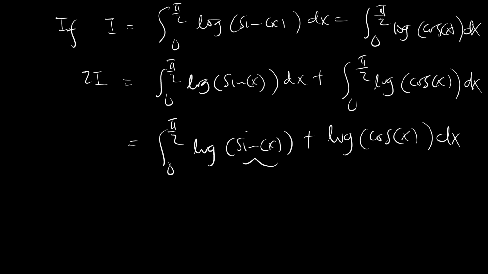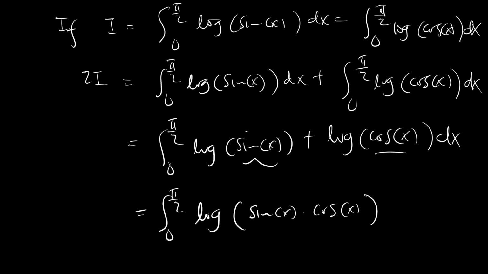So rules of logarithm mean that we can now multiply whatever is under the log function. So we have sine of x times cosine of x under the log function integrated.